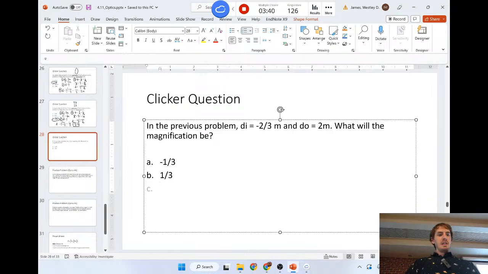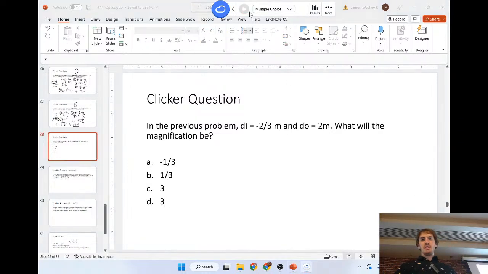Will it be, let me do every possible permutation. That's kind of funny how that works out. Will it be 3, or will it be +3? Oh, this is a new question. Oops. Stop. Hopefully you didn't answer this one on the old one.